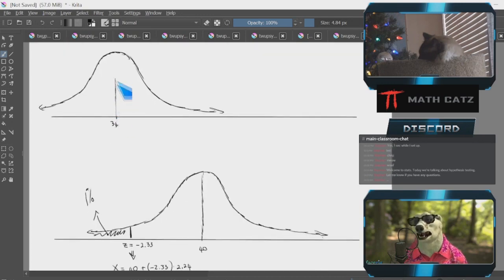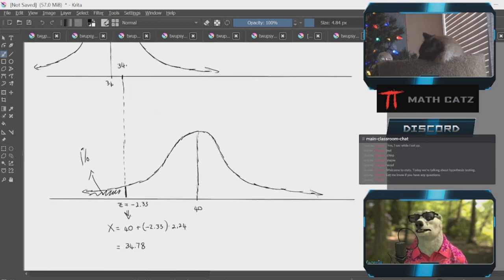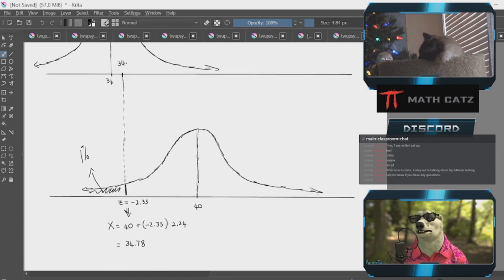Same standard deviation, just a different position. So now I follow this up, give myself some space, and we got 34 point, what was it? 78. Whenever the laptop wants to agree, 78.